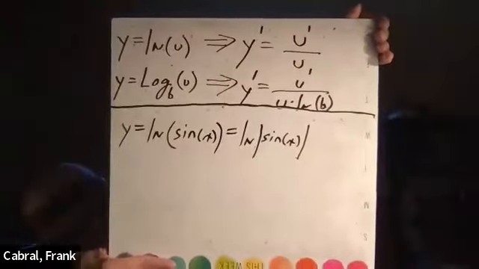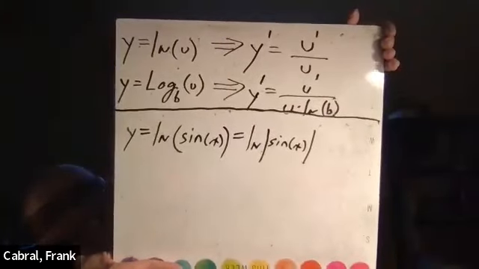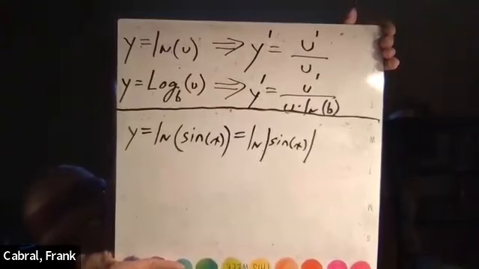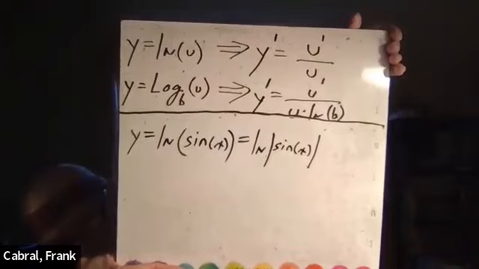Now, why absolute value? Because you're not allowed to take the natural log of a negative number. You're also not allowed to take the natural log of 0 either. So this would definitely have some restrictions as to what values you could use.